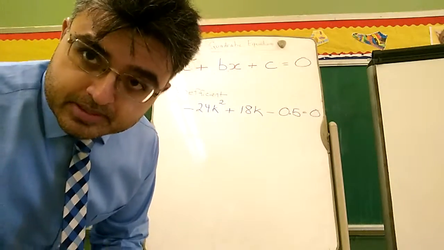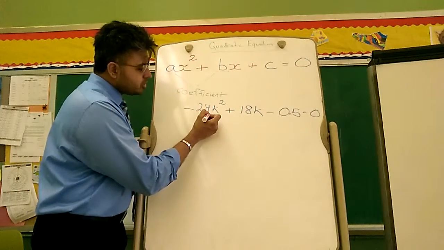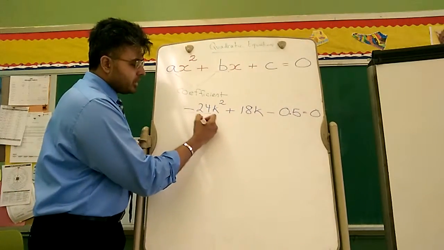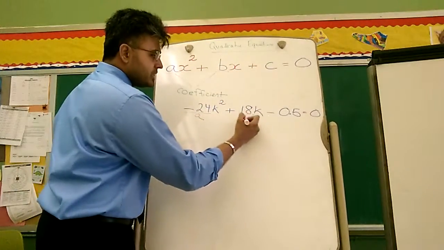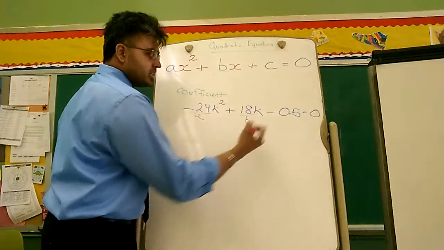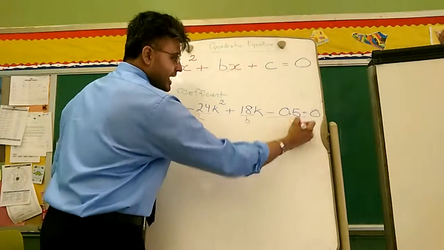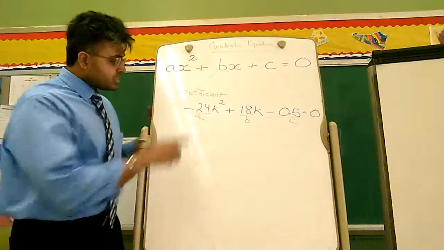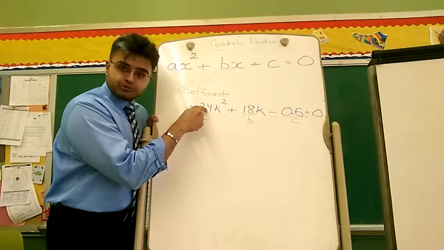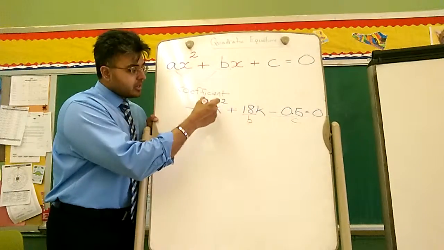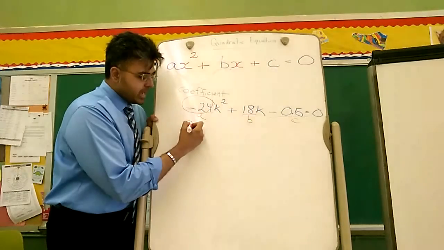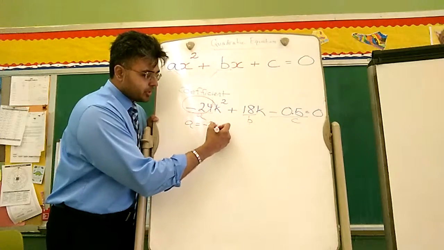Let's find out A, B, and C. A is always going to be the first number. B will always be the number in the middle. C will always be the last number. What's A equal to? Well, 24. The minus is also there. Keep the family together. So A equals minus 24.